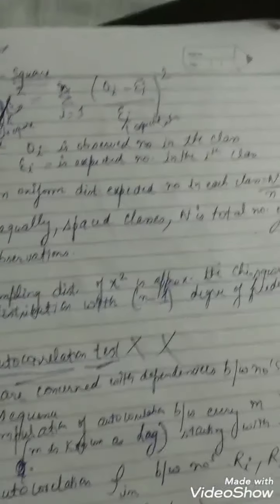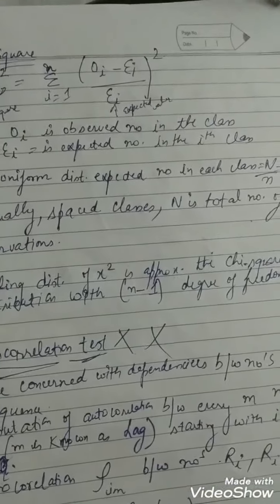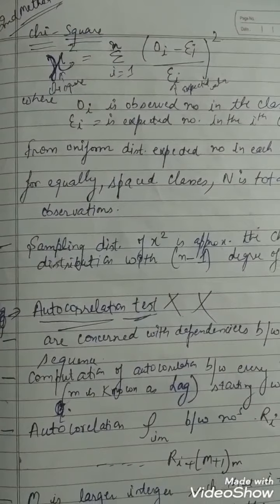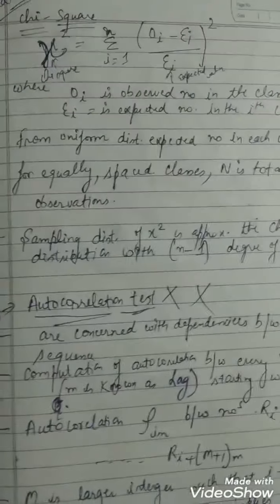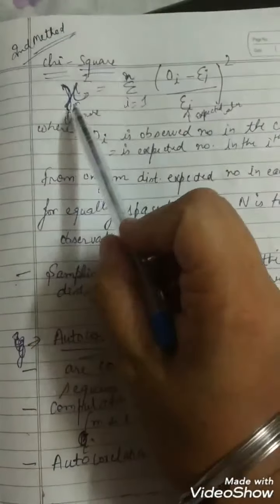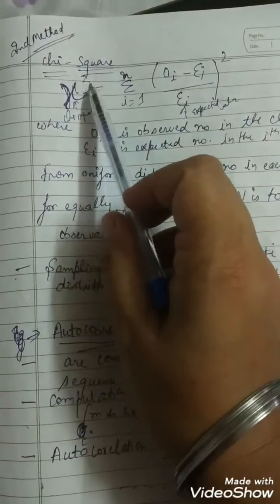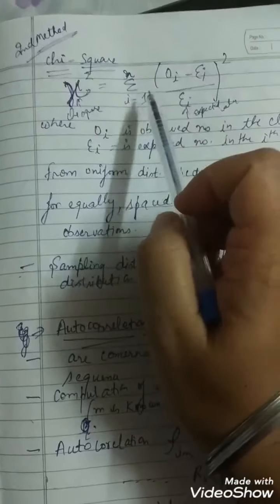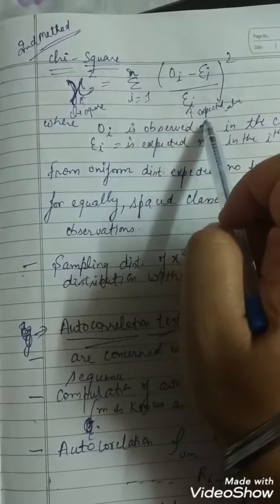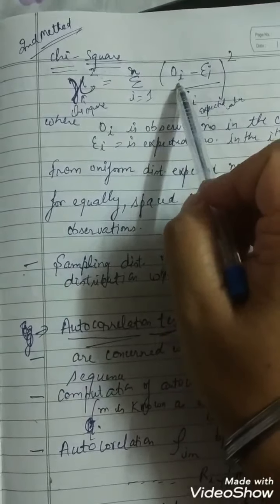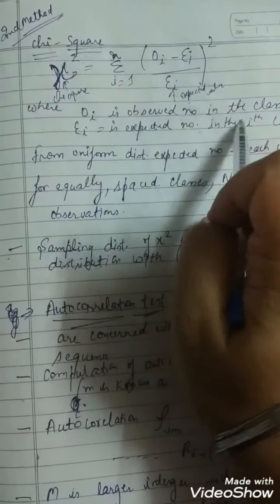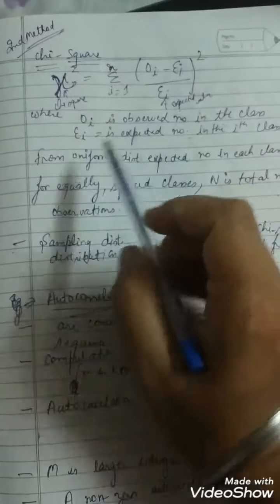The second step of random number testing is the chi-square test, and the first one is the Kolmogorov-Smirnov test. For the chi-square test, the formula is: chi-square X² equals the sum of (Oi minus Ei)² divided by Ei, where Oi is the observed number in the ith class and Ei is the expected number in the ith class.